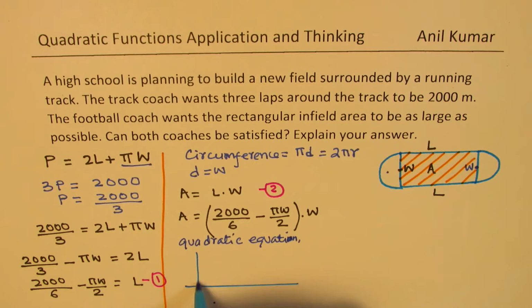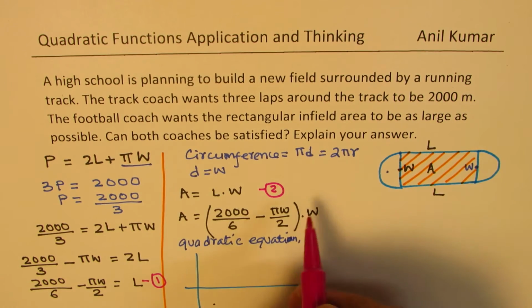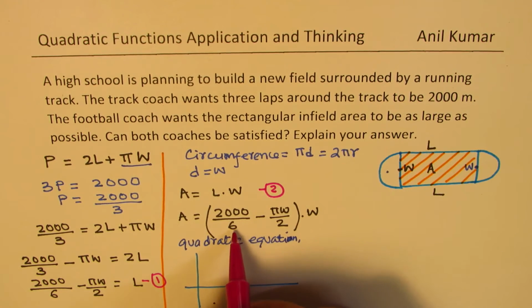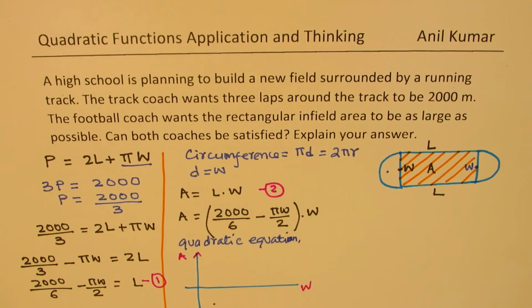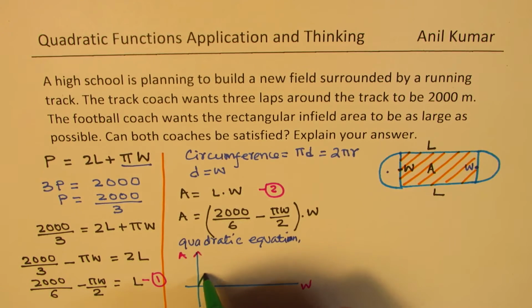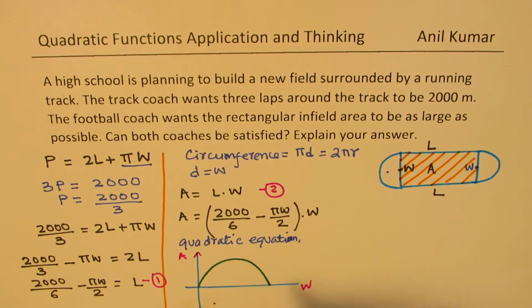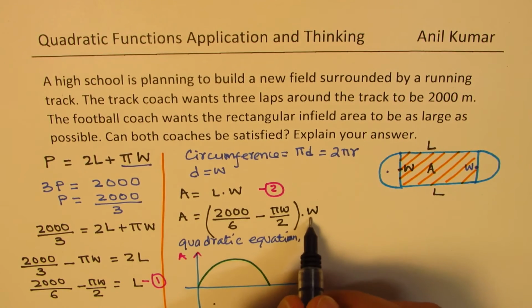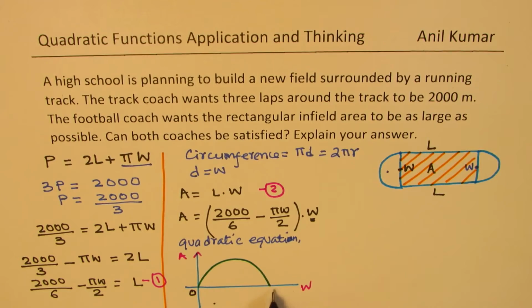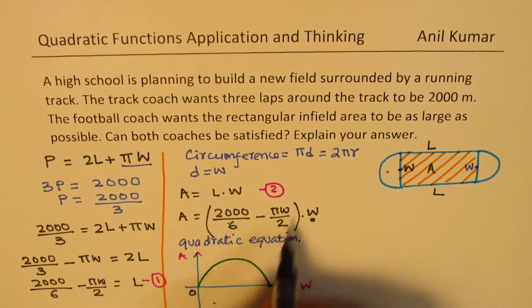If I am going to plot this, one zero is at W equals 0. So this is width for us and that is area for us. If I plot it, I get two zeros. One of them will be at 0, because of the factor W, and the other one will be because of this factor.